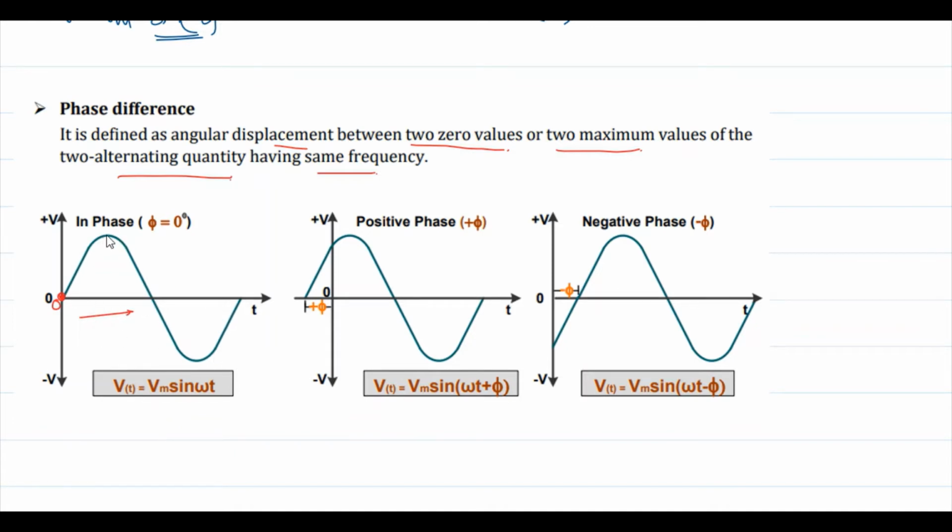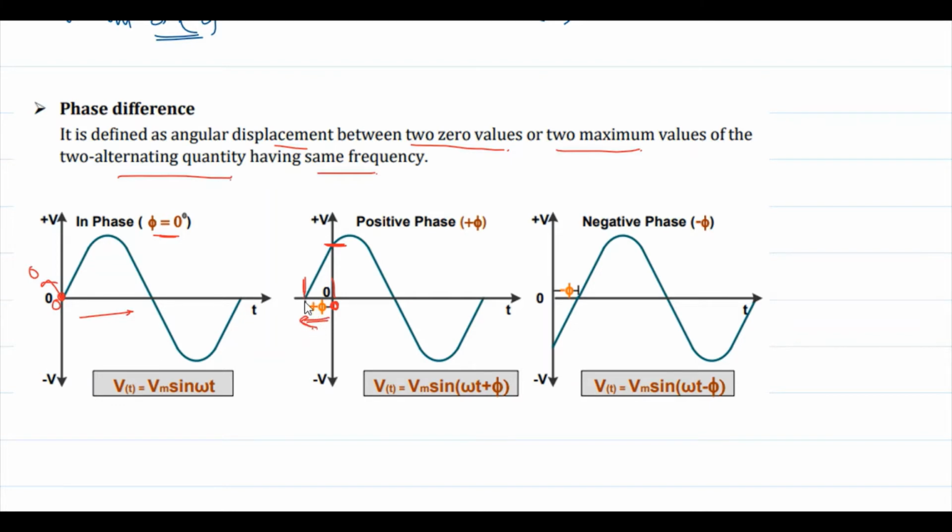Similarly, with respect to the same zero phase value, if you take the second case, see here, at exactly 0 with respect to the reference, in this case the amplitude is not 0, it is non-zero. Its amplitude is 0 at a certain value of the phase in the backward direction.